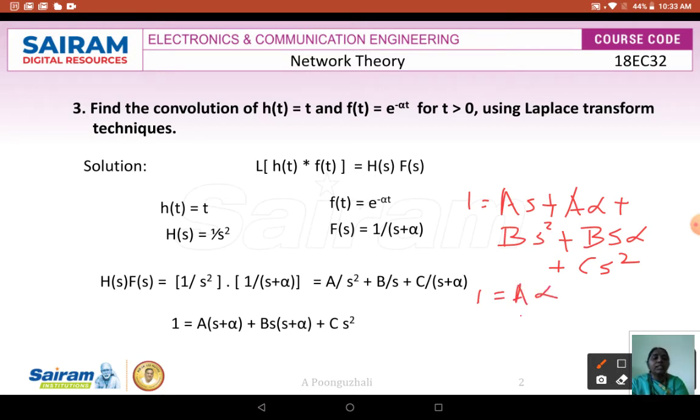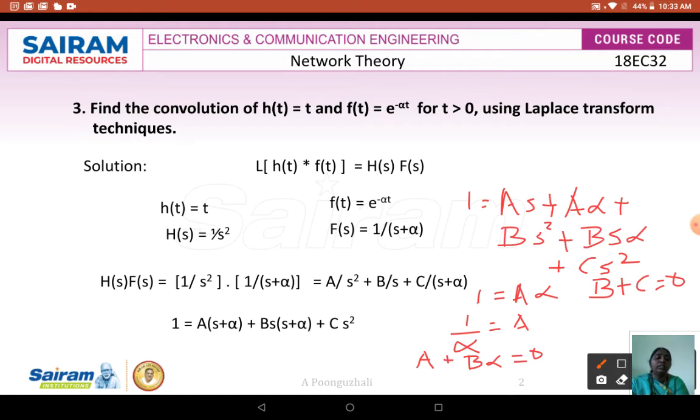That means a is equal to 1 by alpha. Next is the s square term, which is b plus c equal to 0. Now equating the s terms, it is a plus b alpha equal to 0.